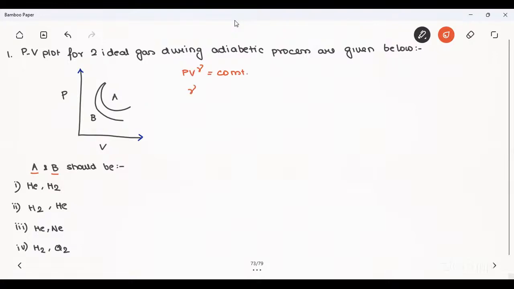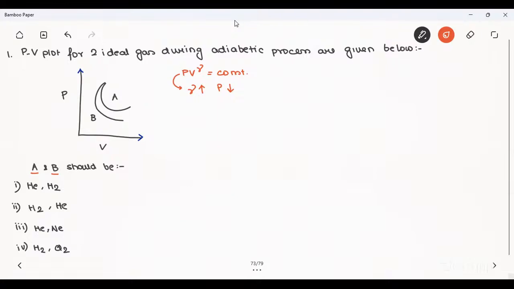So when gamma is more, then pressure will be less. Can we say from this equation, if PV to the power gamma is constant, that if gamma is increasing, pressure is decreasing? Yes or no? Yes, madam. Yeah, right.